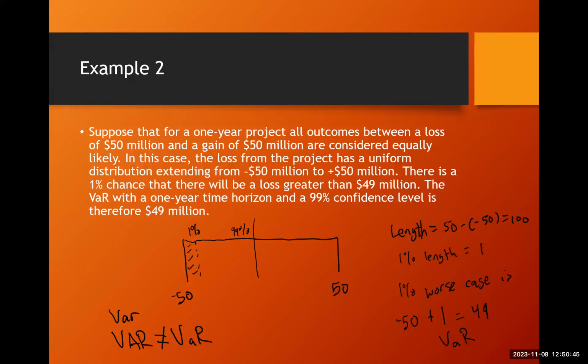And it's easy enough to find areas with this. They're just proportional to the x's. So the 99% value at risk represents the 99 percentile of this distribution, or the 1 percentile of this distribution, because we're looking at gains and losses, which occurs at negative 49 million. So our value at risk is 49 million.